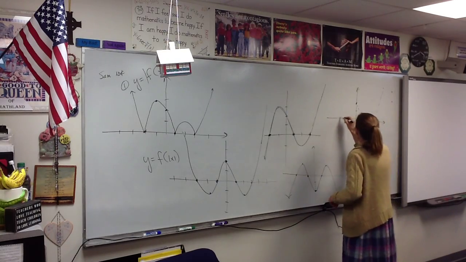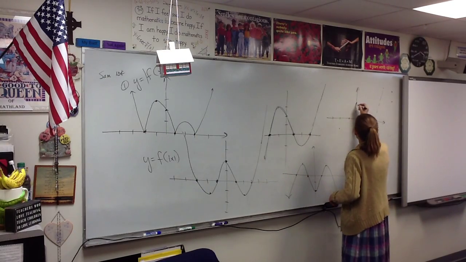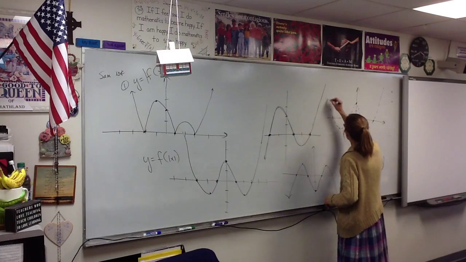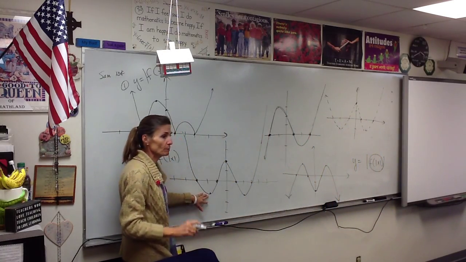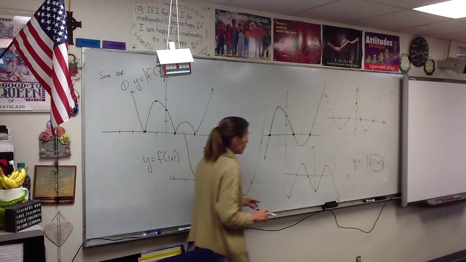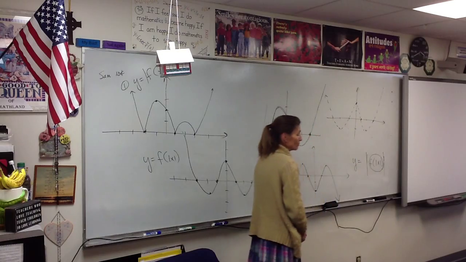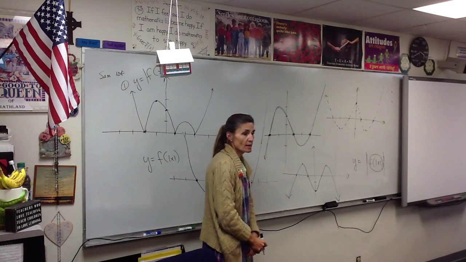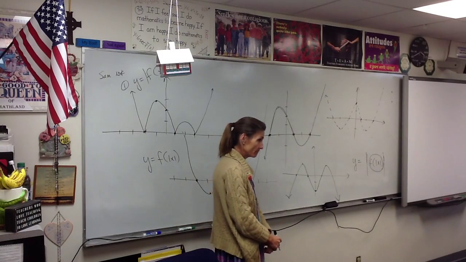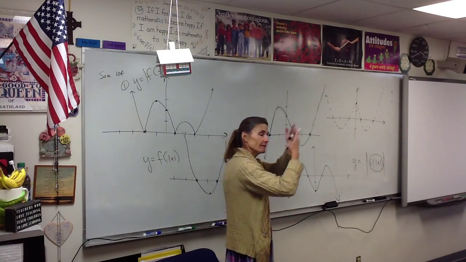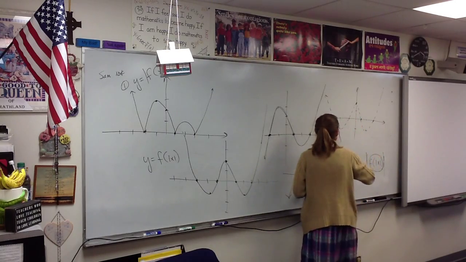It's my W. So here's my W. Now I'm going to take the absolute value of that W. What's going to happen when I take the absolute value of the W? Anything under the x-axis. Exactly. When you take the absolute value of the whole thing, anything underneath gets folded up.